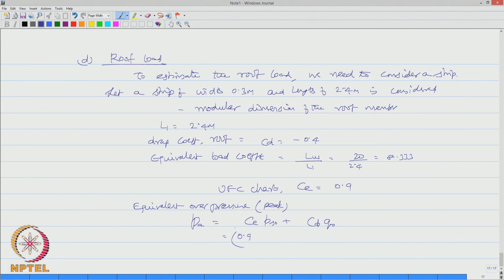CE in this case is 0.9, PSO is of course 40, CD is minus 0.4 and Q0 is already estimated as 5.12, which gives me 33.952 kilopascal, which is much lower than the pressure on the front wall.